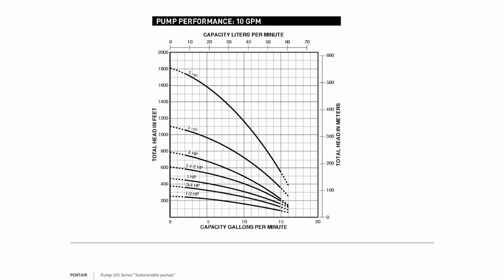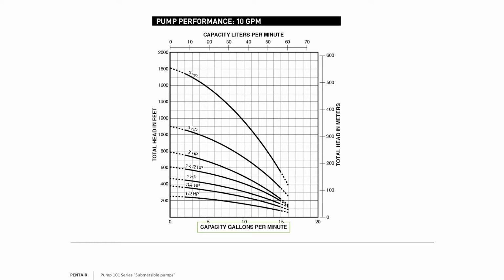When you go to the right of the curve, you start to over amp the motor. You put in a heavier workload to the motor and the amps will increase. So you definitely want to stay out of the dashed lines for that reason. You don't want to exercise the motor too heavily, especially if it's in an irrigation project and it will be running there for a prolonged period of time.